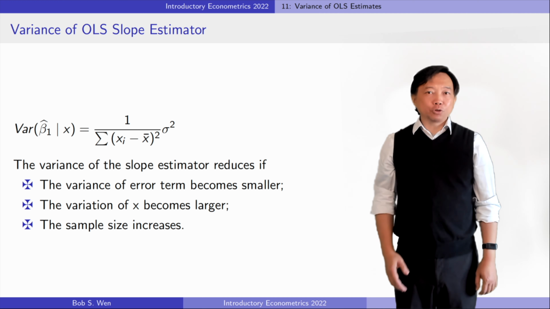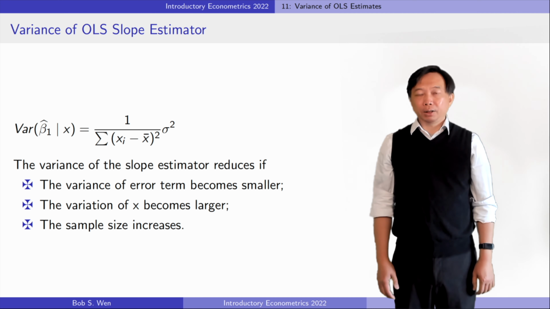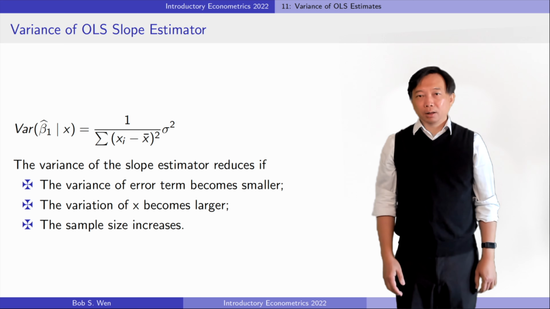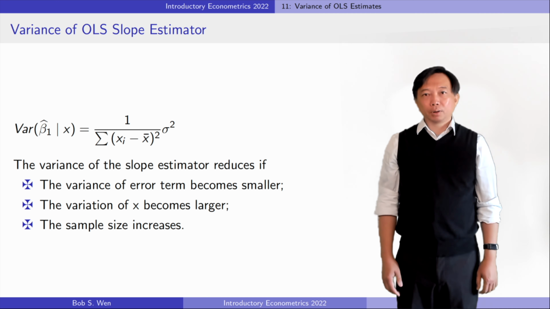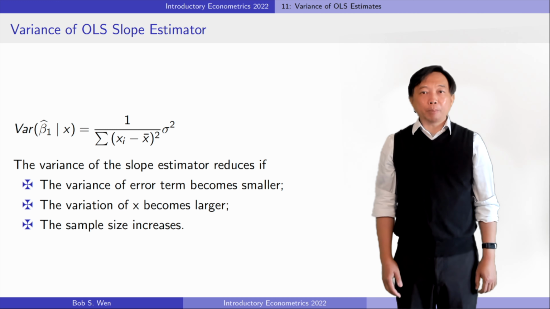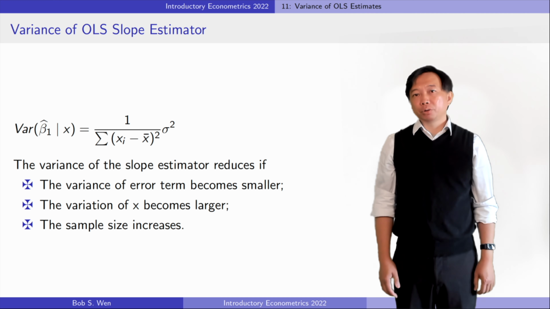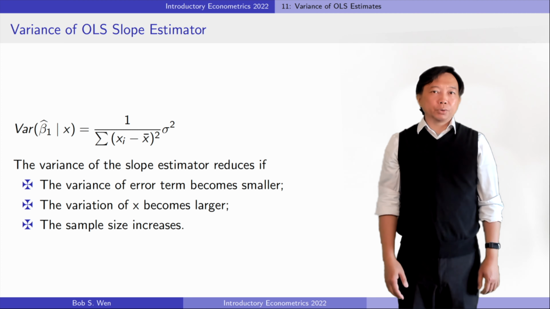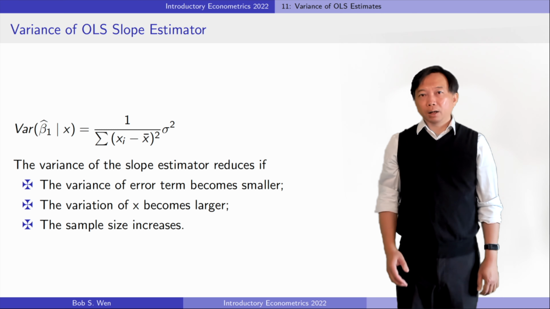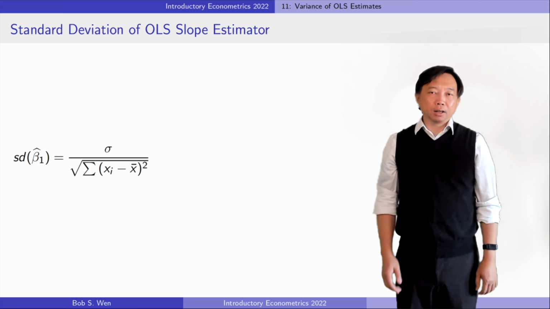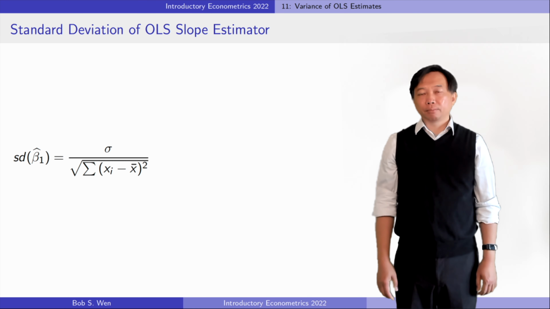Therefore, a larger sample size results in a smaller variance of the slope estimator beta 1 hat. We should try to collect a big dataset with many observations in an attempt to reduce the variance of the estimates. Next, let me introduce the concept of the standard deviation of the slope estimator beta 1 hat.